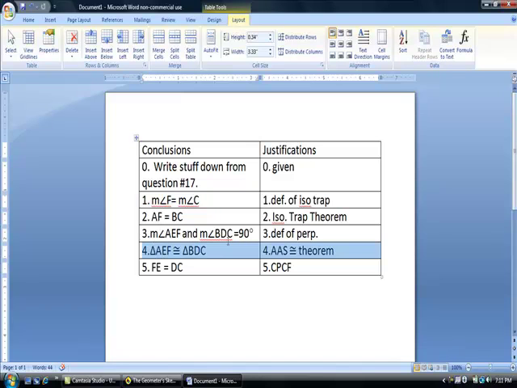Got my two angles are equal, 90 degrees by definition of being perpendicular. Now they got a step in the book that, you know what, if you put it, great. If not, I'm not going to make a big deal about it. Is that you'd say these two angles are equal by substitution. Then we hop into well, I know the two triangles are congruent by AAS, and then FE equals DC by CPCTC.